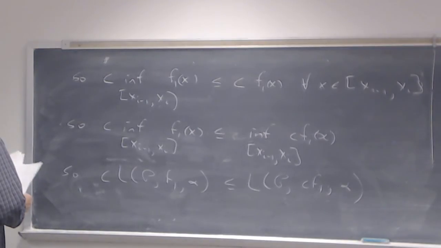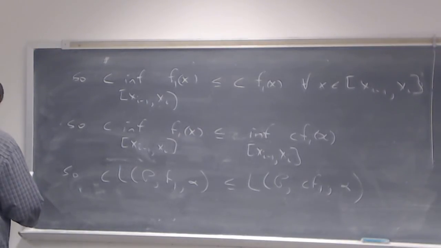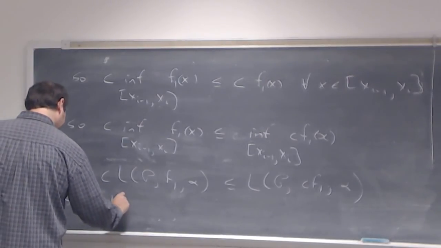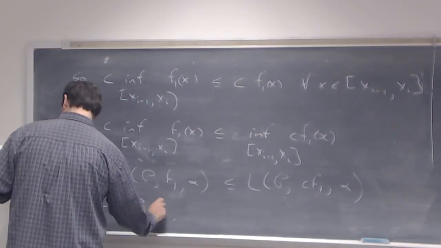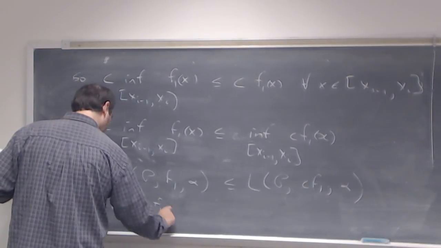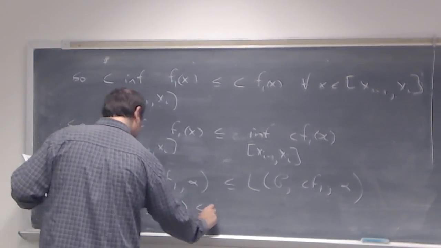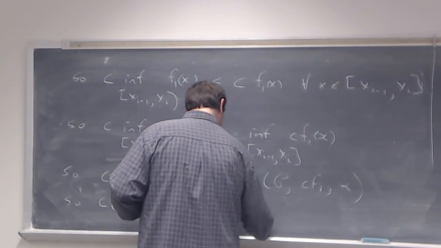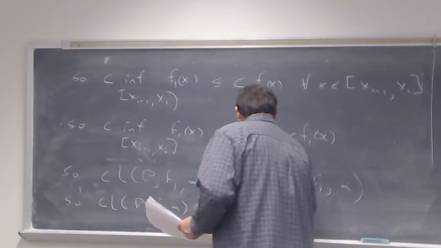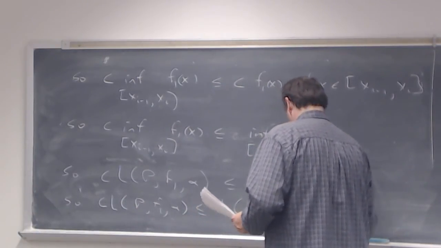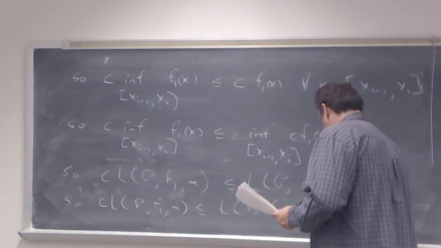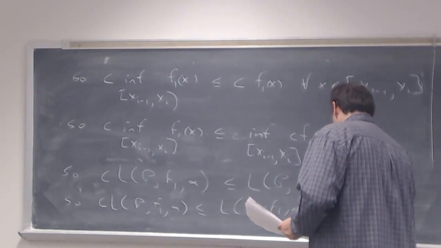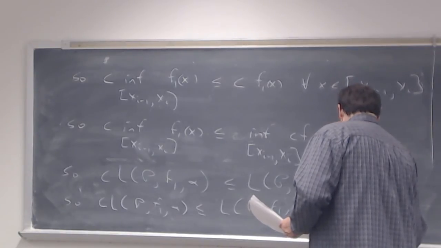So that says that C times the lower sum, P, f_1 and alpha, is less than or equal to L of P, C f_1, alpha, which is of course less than or equal to the upper sum, P, C f_1, alpha.